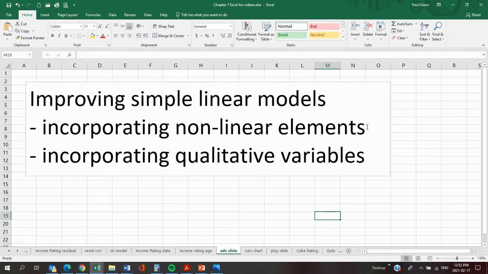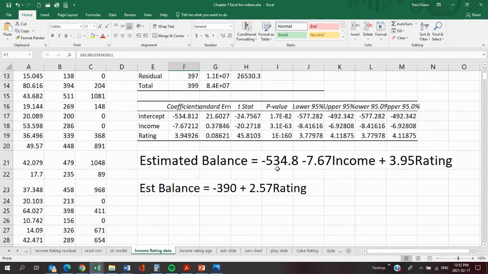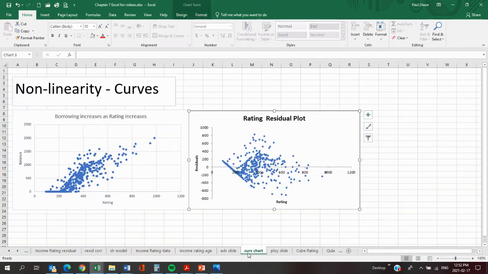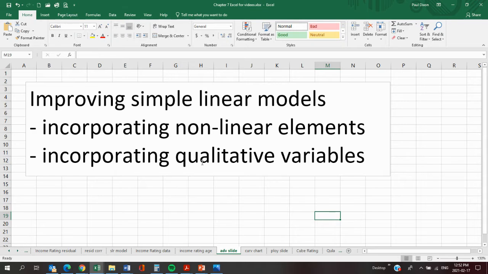My model, I've assumed, is a straight line model, a simple additive type of model. This type of thing, where it's an intercept plus something times income plus something times rating, and so on. So it's a very simple linear relationship. What if it isn't? The other is that I've got other variables.